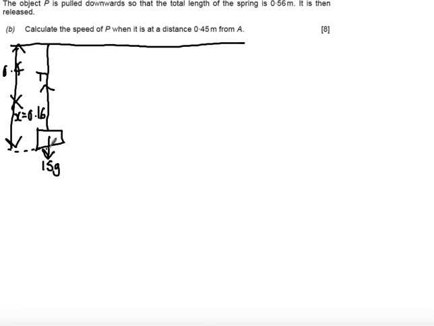And I'm going to take this level here as the potential energy equals 0, since it's the lowest point of the system. Let's call this scenario A. And then we have this other scenario.